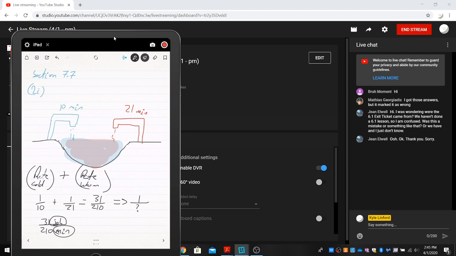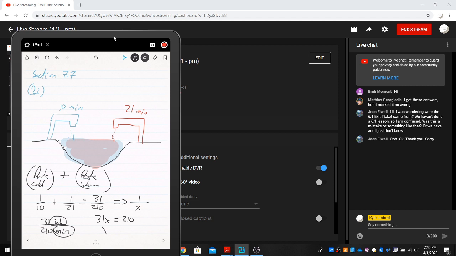Well, I can simplify this fraction so that it now has a 1 in the numerator. Well, how do I do that? Well, pretty simple. You can say, all right, the numerator's going to be a 1, but what's the denominator going to be? Well, leave it as x, and then just cross multiply. 31x equals 210.